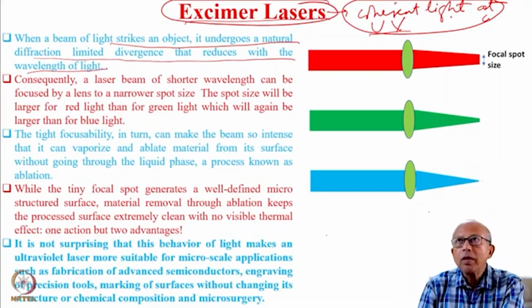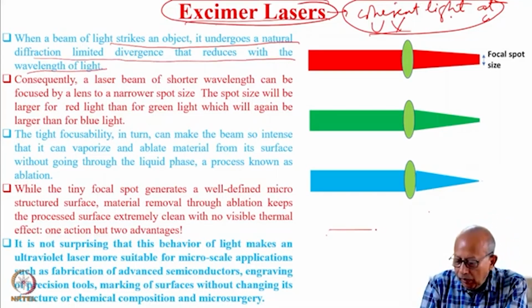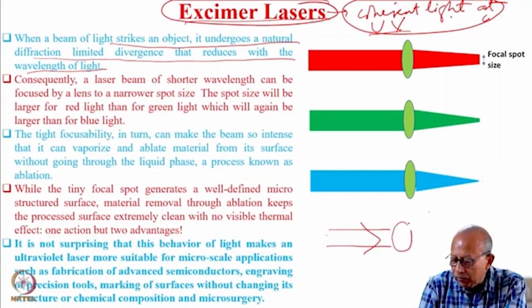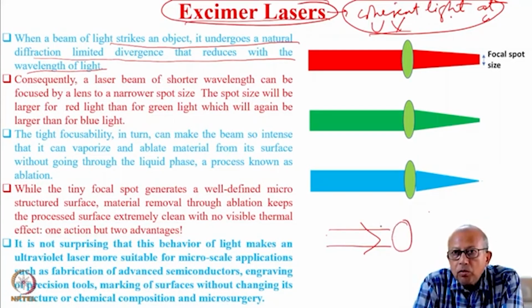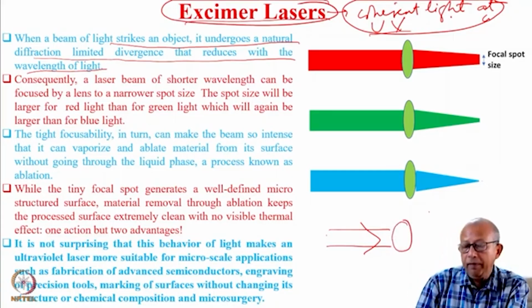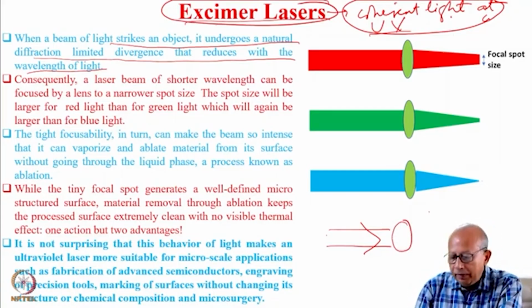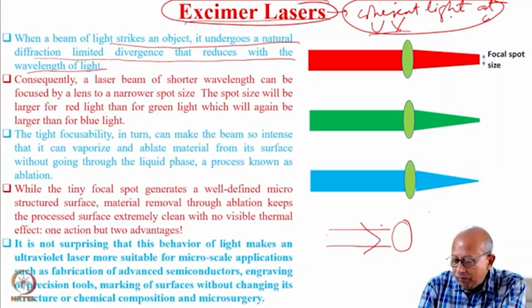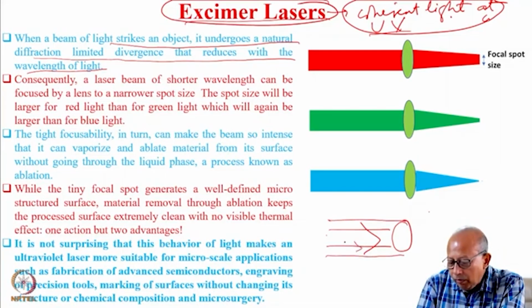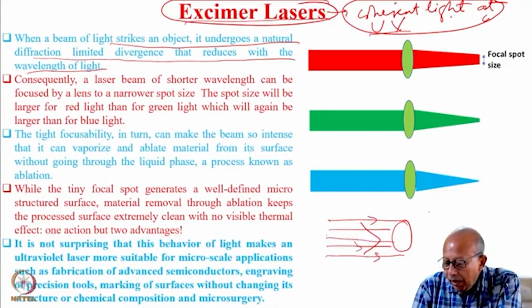That means when a beam of light strikes an object, which could be an aperture or an opaque material, then the light bends around its edges due to diffraction.